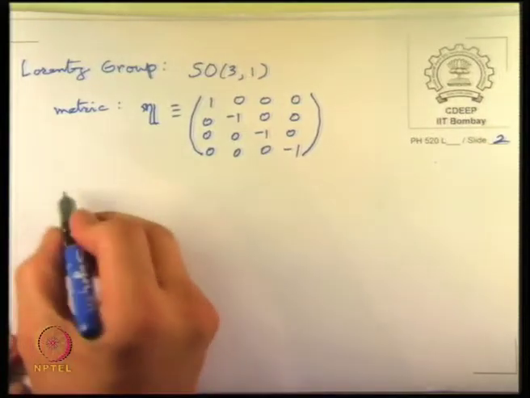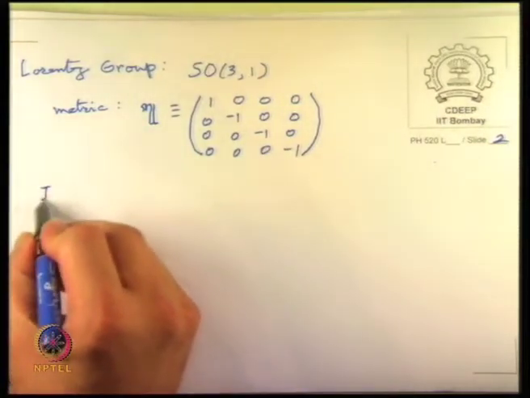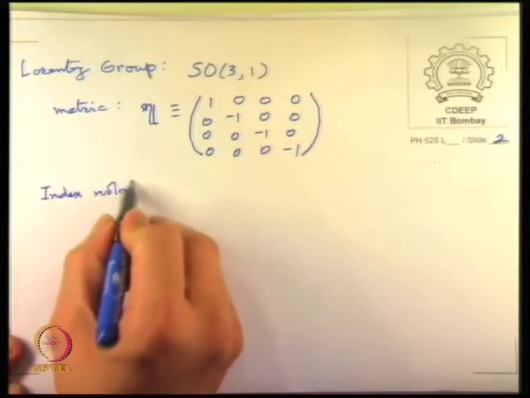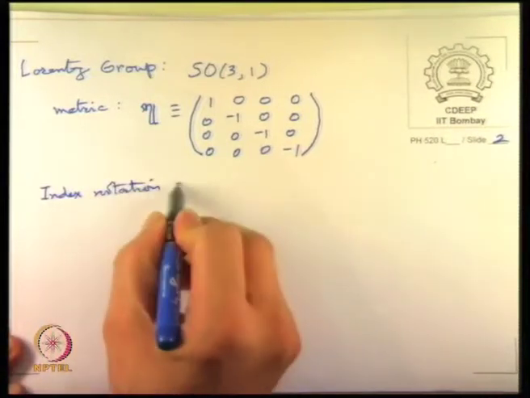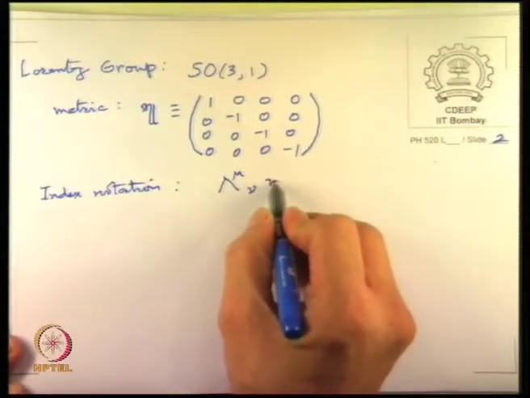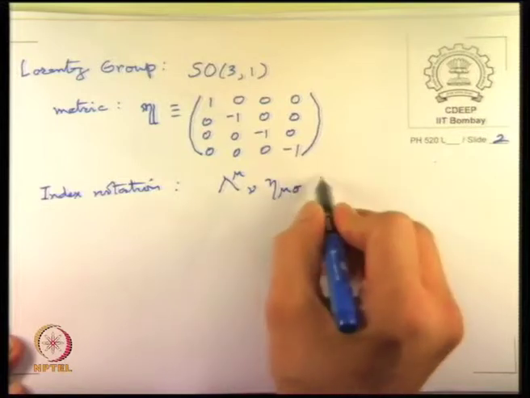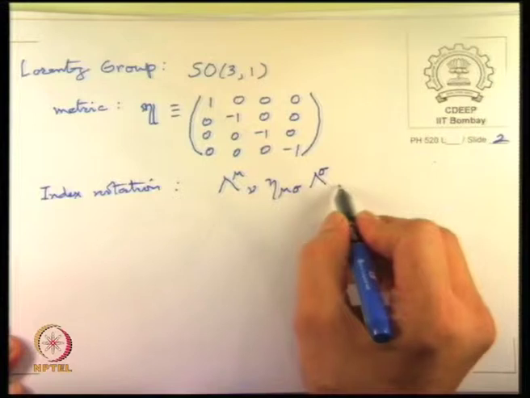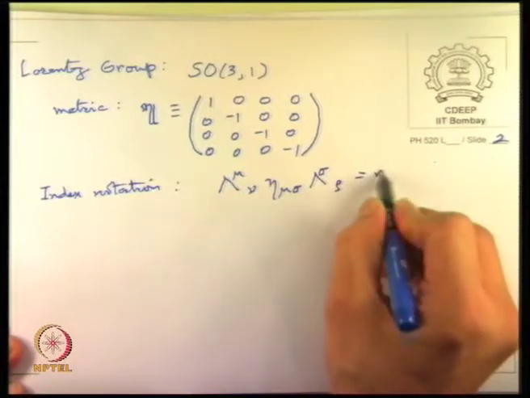And the algebraic or index notation is lambda^mu_nu eta_mu_sigma lambda^sigma_rho equals eta_nu_rho.